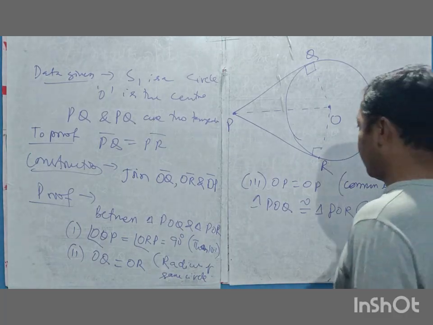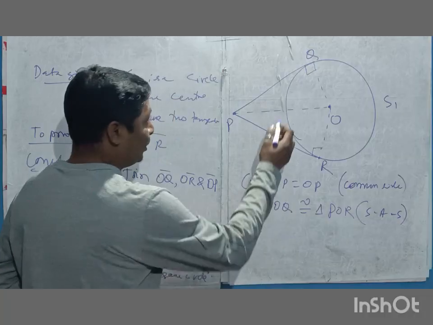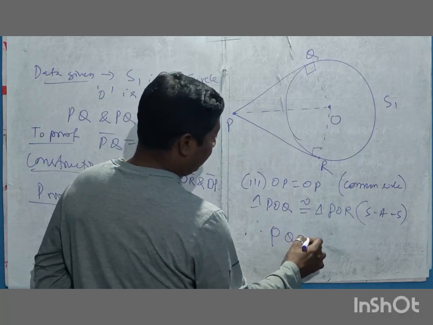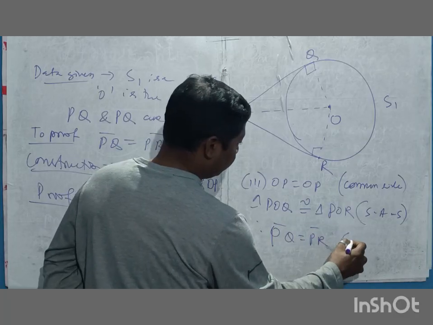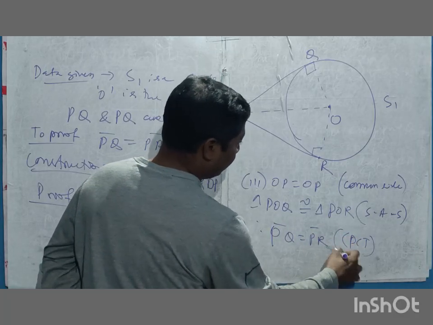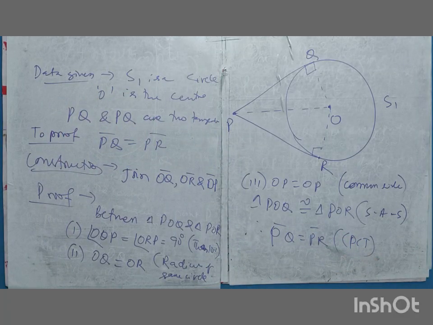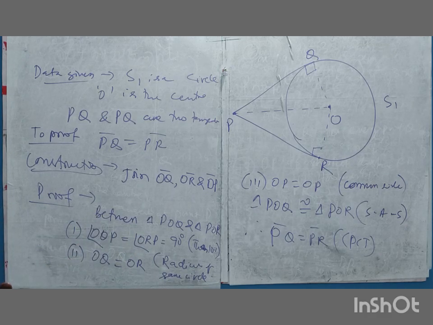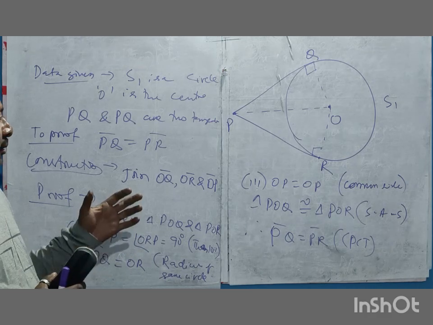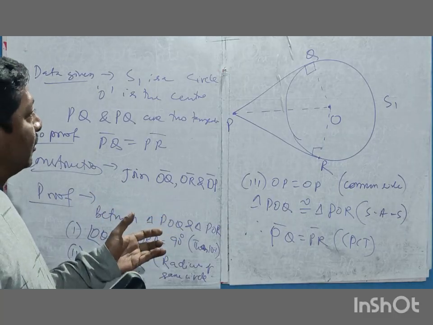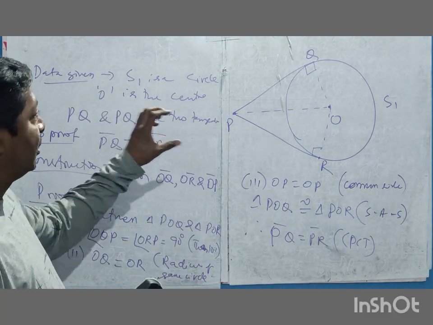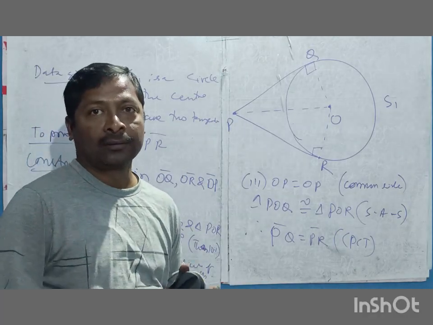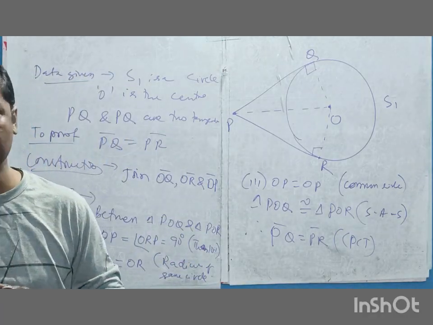Hence, from these two triangles, PQ equals PR, by corresponding parts of congruent triangles (CPCT). Proved. We will discuss mathematical problems regarding this theorem, which will be applied in those numericals. Thank you.